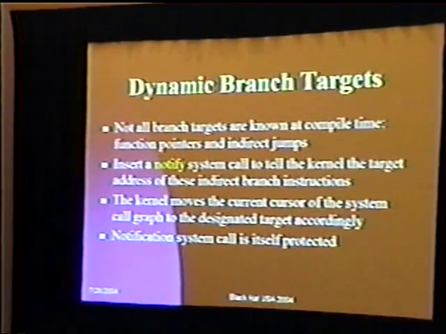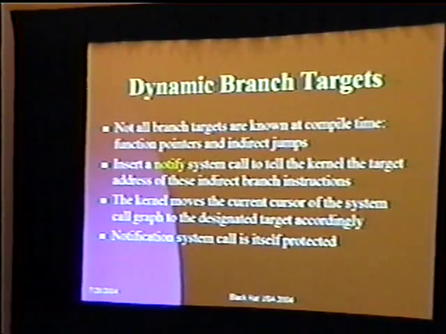So the way we do it is that we are going to insert a special system call into the source code of the program. The idea is that, yes, at compile time, I don't know the value of the target of this kind of indirect function call, but I know that I don't know. That's good enough, right?